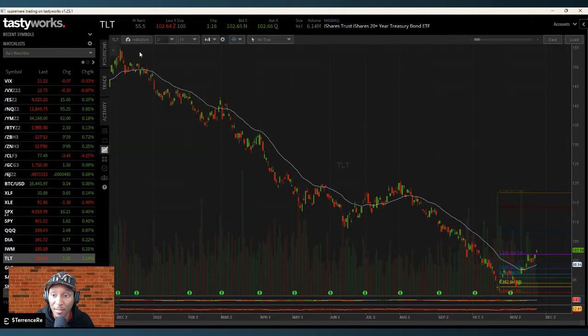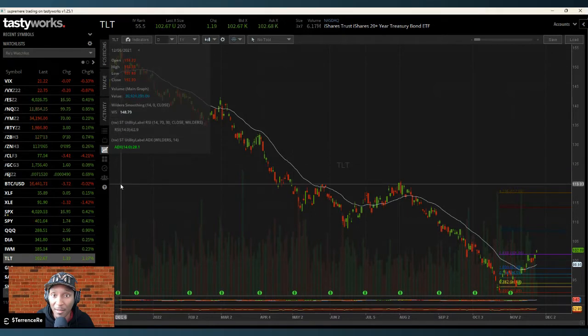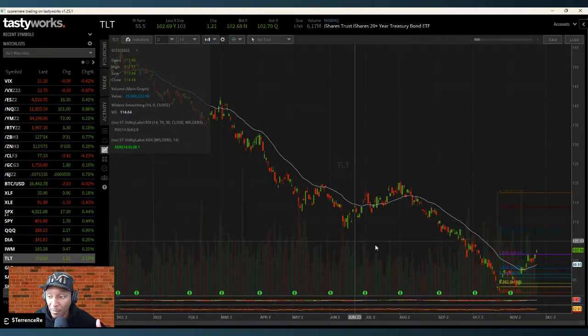Now this is a year chart, and we can see up here the high back here was 155.12, and that was December 3rd. So we can see that ever since basically they've been raising rates, look at it, the bonds have been dropping, right?